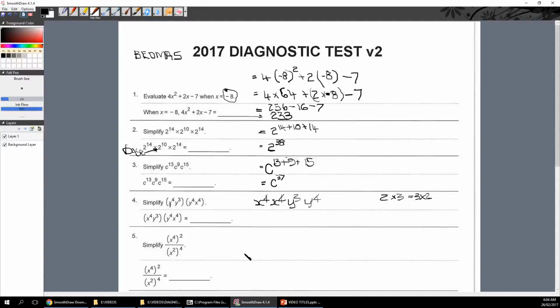Okay, and now you'll see that the bases are the same, so we can add the indices.